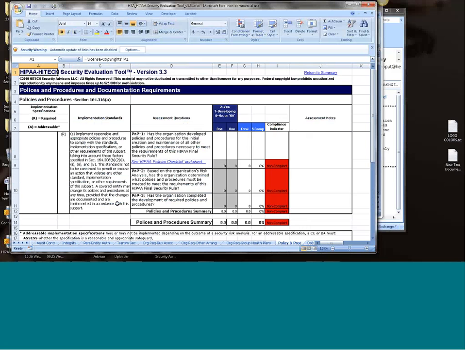A moment ago, I talked about the requirement around policies and procedures, and as a side point, we use this as an assessment tool to help organizations understand where they stand with respect to compliance.